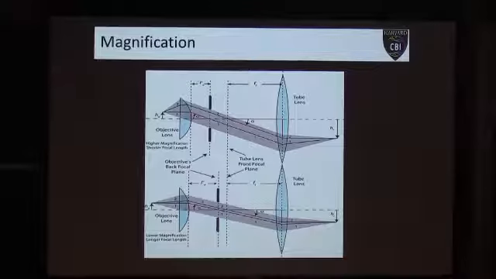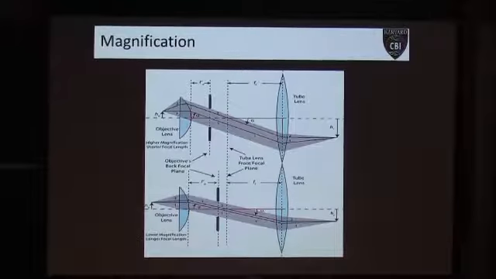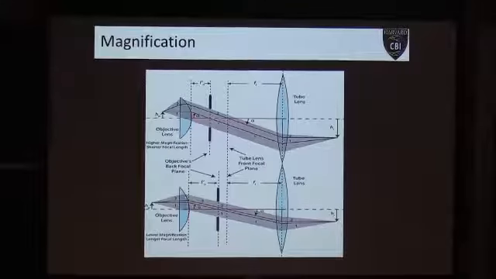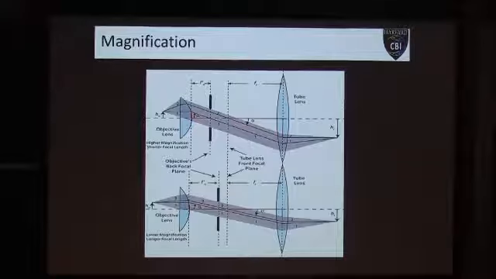So in the bottom half here, we have the low magnification system. You can see here's our object and here's our image. It's been magnified a little bit, not a lot compared to this one. And what you have here is a really long focal distance for this objective. And you can see that focal distance is the same on this side of the objective as it is over here.